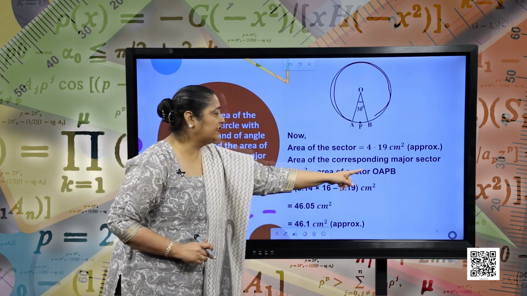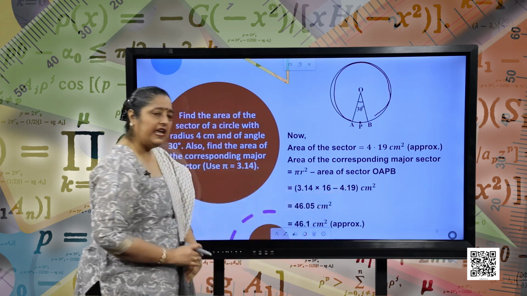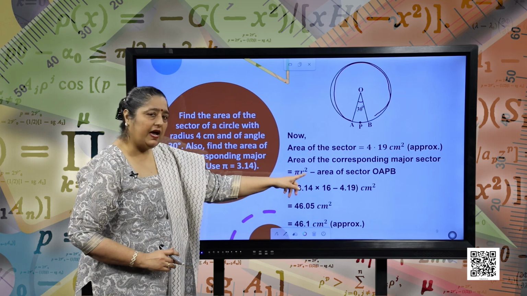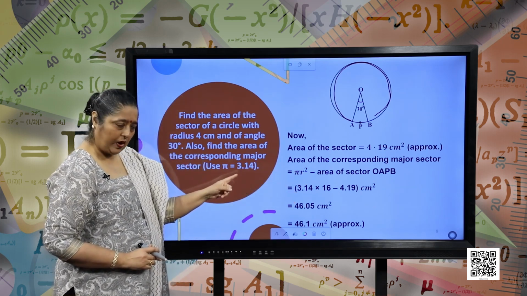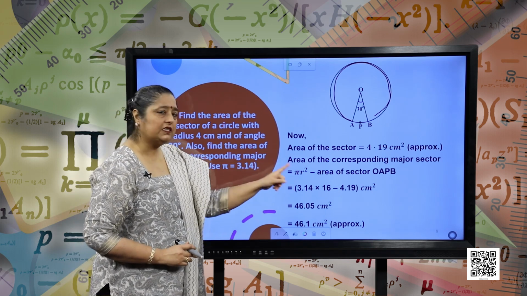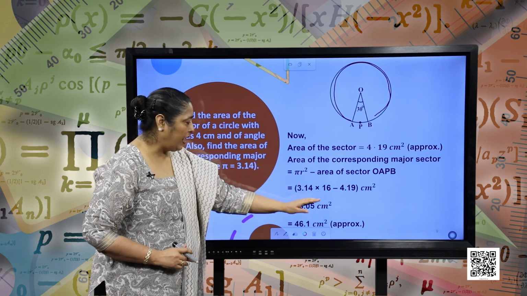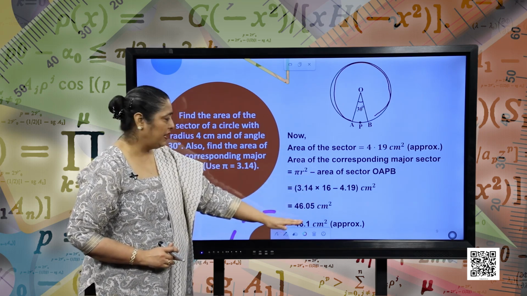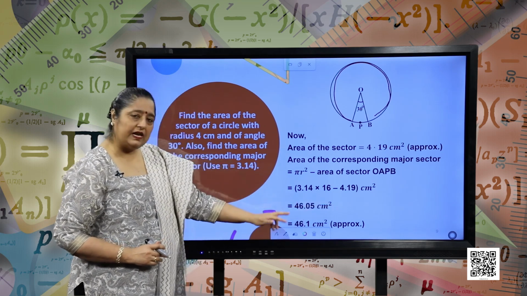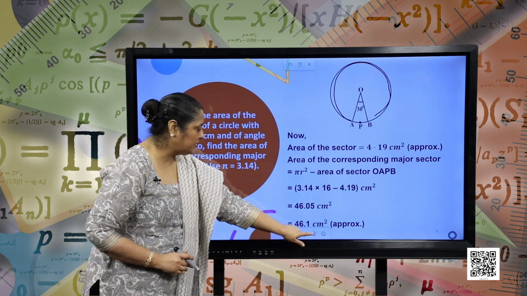We know area of the sector is 4.19, and pi r square is, pi is as given in the question 3.14 and radius is 4. So, r square is 16. Substituting the values and solving it, we have 46.05 centimeter square. Calculating it further, we have 46.1 centimeter square.